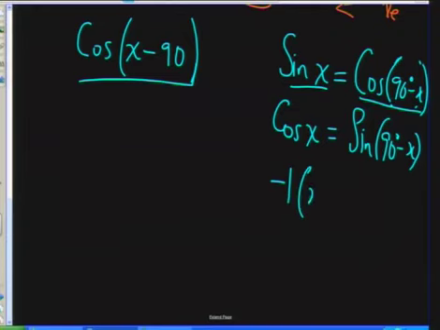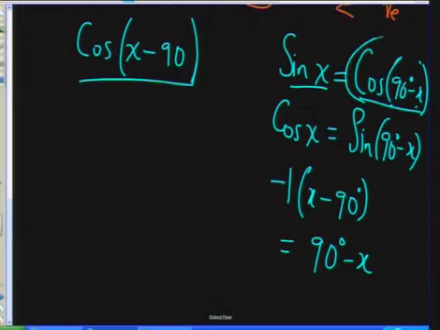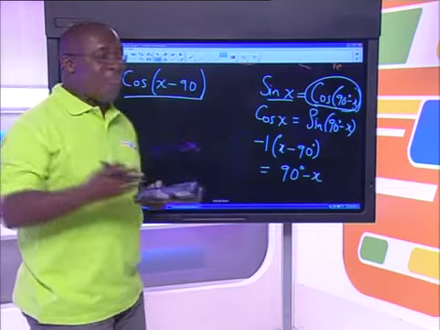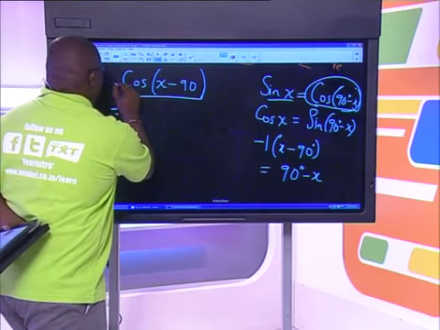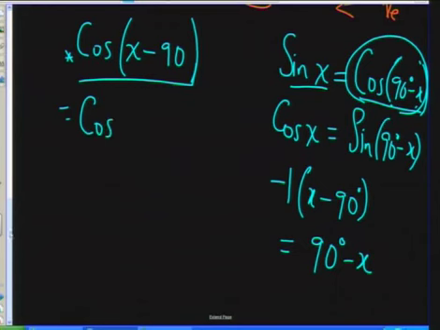Now, I also know that negative 1 times x minus 90 degrees is going to give me 90 minus x. So first of all, I'm going to apply that negative multiplication so that I can have it in this form, because I want it in a way that can help me simplify this. Now here I'm going to rewrite this expression and say cos of negative 1 times x minus 90.